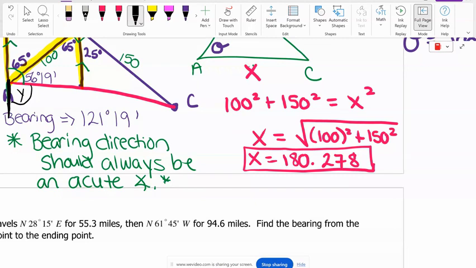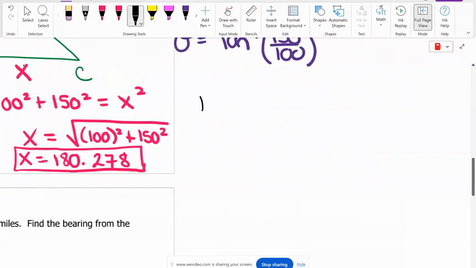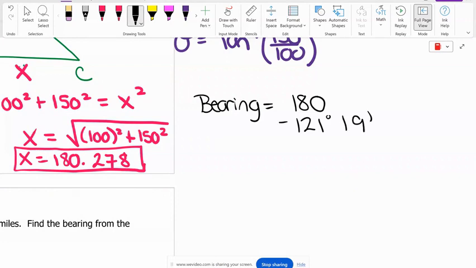So how will I find this? If I know this angle is 121.19, subtract from 180, you got it. So let me bring it over here. Bearing will be 180 minus 121 degrees and 19 minutes. Can I subtract in this format?